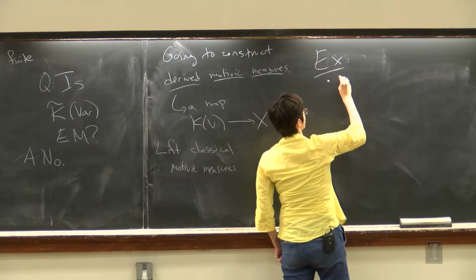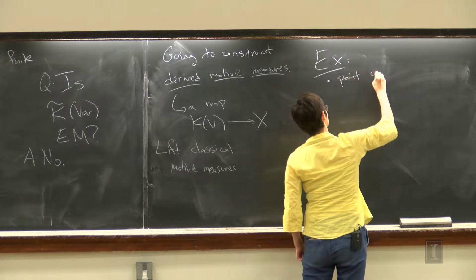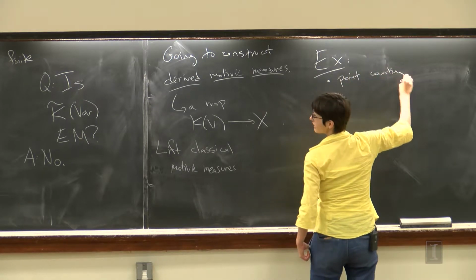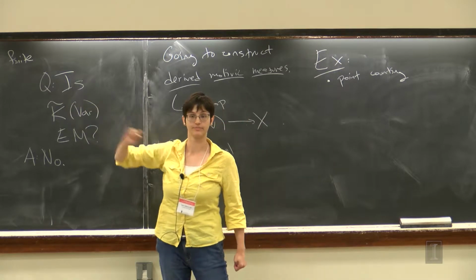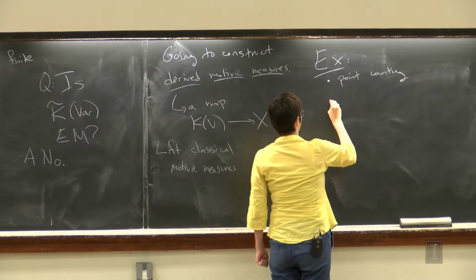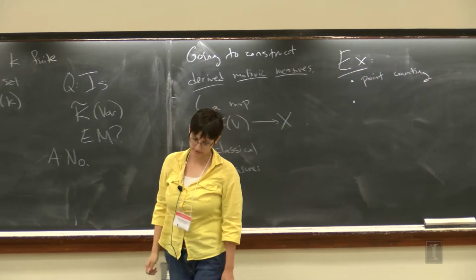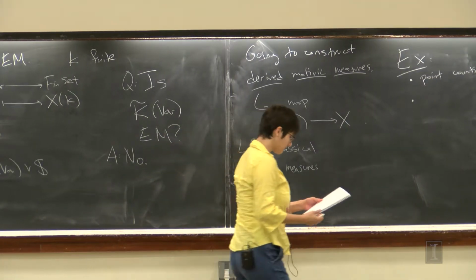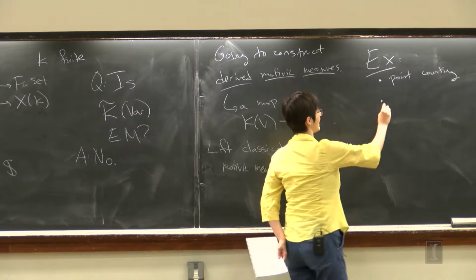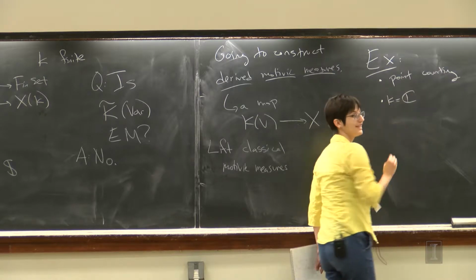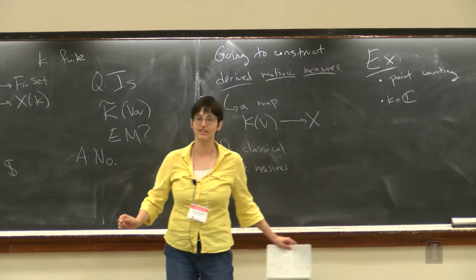The first one is point counting, which is exactly what we did over here, just taking a variety to its k points. This is the only place in this entire talk where I'm going to assume that k is C. Everywhere else, it's finite. So when I don't write it, it's finite.